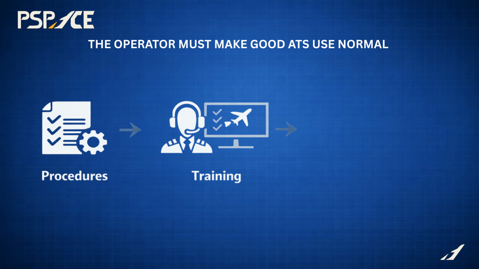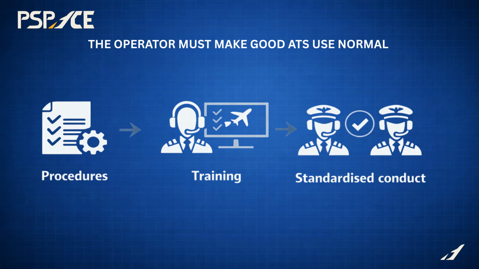The operator is responsible for ensuring that crews understand how ATS use fits into the conduct of commercial air transport, how communication and reporting responsibilities are carried out, how ATS contingencies are handled, and how the transponder and related systems support surveillance and traffic management.